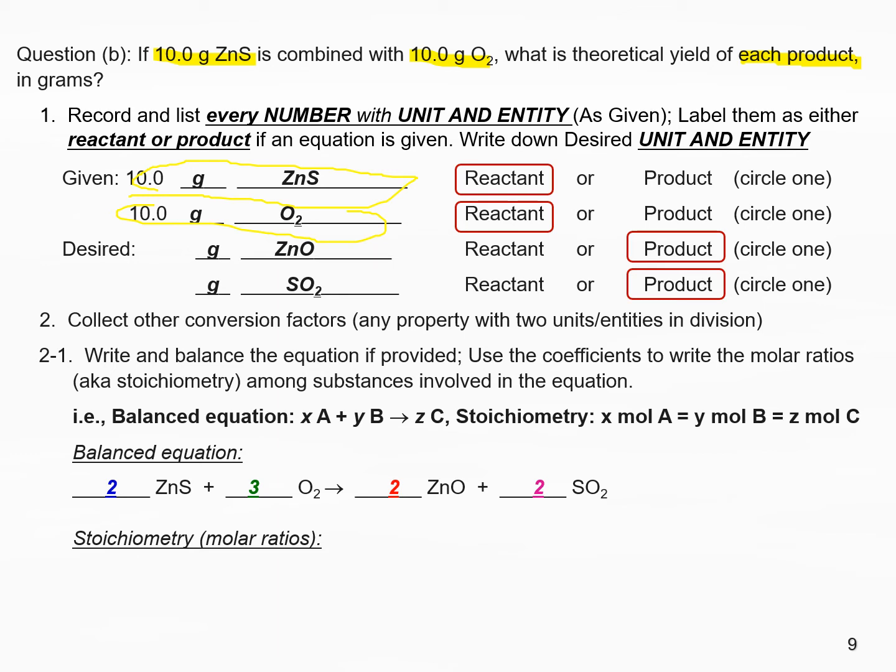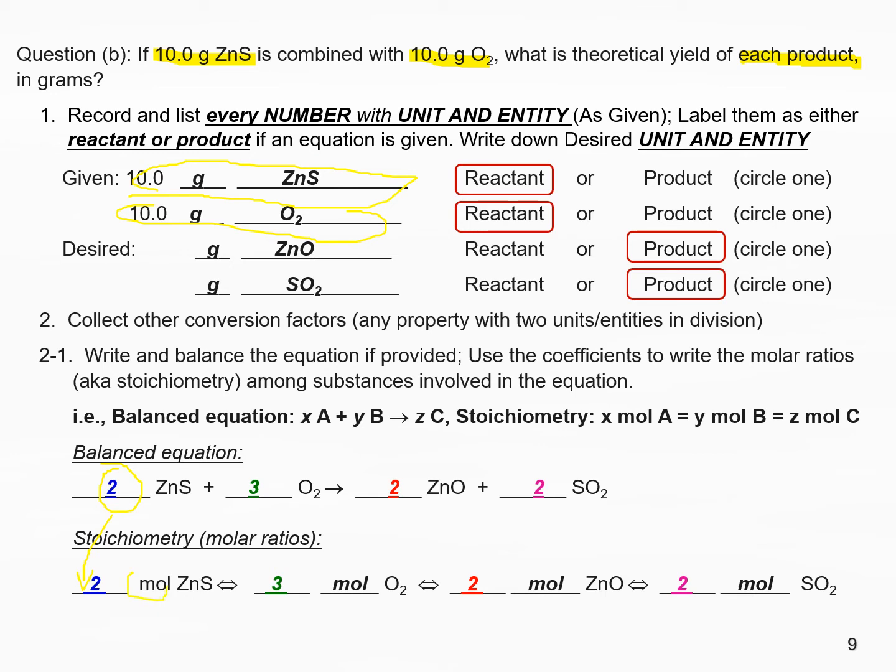So the molar ratio among all these 4 substances is 2 moles. Remember, stoichiometry is about the molar ratio, so we just insert the moles between the coefficient and the substance and lay them out as a stoichiometry.